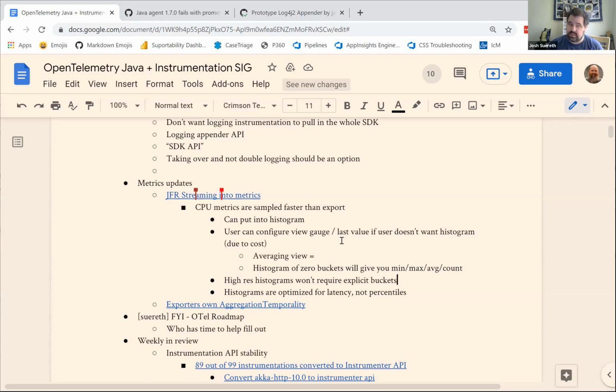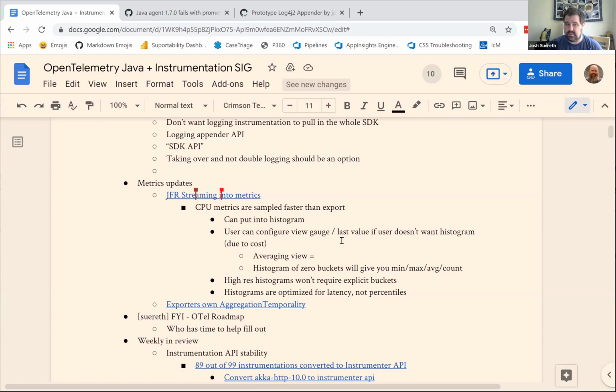When we have high resolution histograms, this probably won't be that big of an issue, because we can use the high resolution histogram, and there should be some way that users can reduce the cost of that if they want. They can move it back to explicit buckets if they're not happy with it, but we'll get high res. We'll have a maximum number of buckets that you'll ever have, and it shouldn't be a problem. There's also, we could let users do last value here potentially, but we don't have an instrument that does it by default.